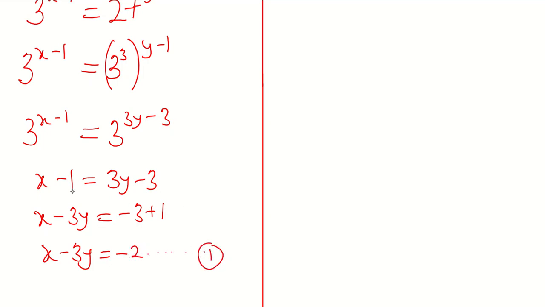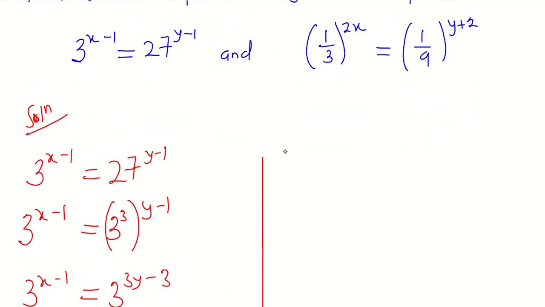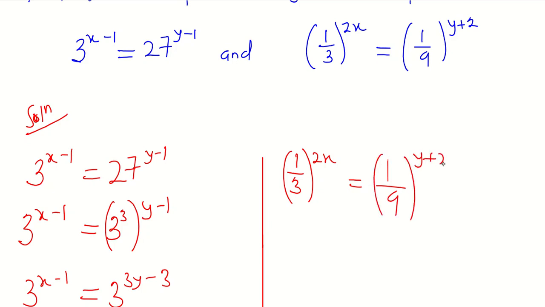Now let's work with the second equation. In the second equation, we have 1 over 3 all exponent 2x, which is equal to 1 over 9 all exponent y plus 2. In indices, we said if we have 1 over a, then we can write it as a exponent minus 1.